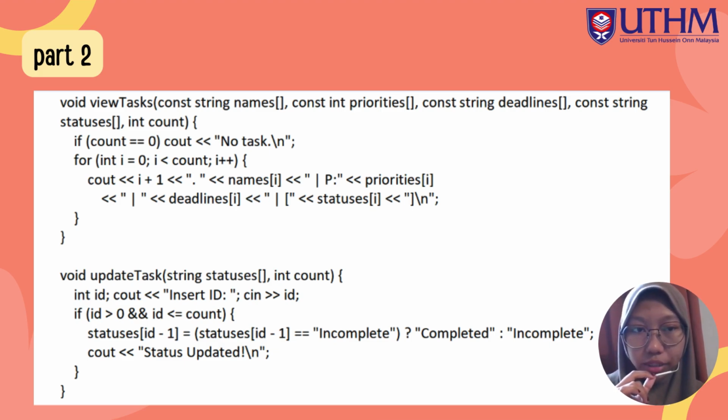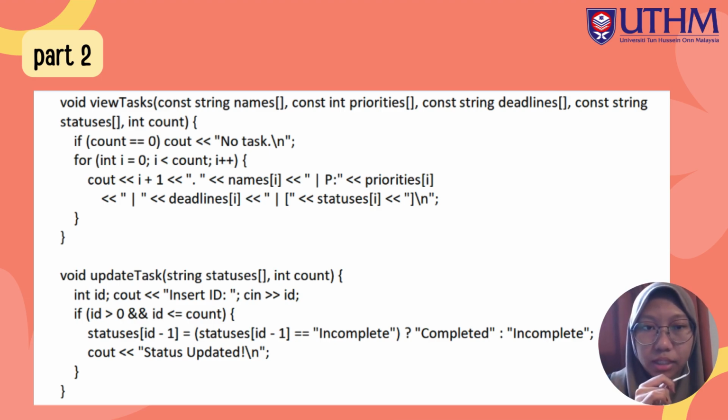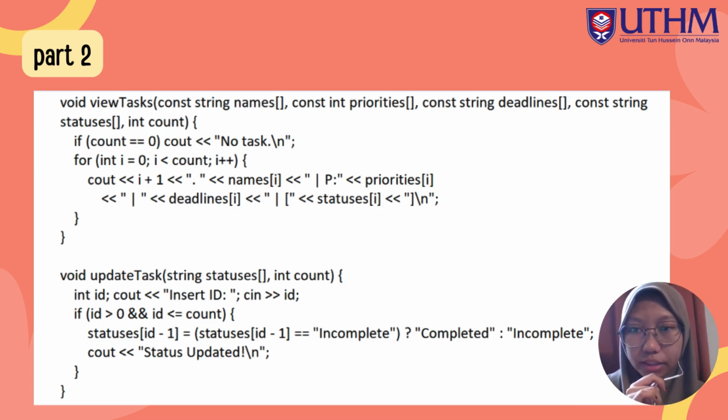Display the task number and task name. i plus 1 is used because users prefer numbering from 1 instead of 0. Next is to display the task priorities and the deadlines, and also the task status inside the bracket. Then we put the bracket to end the for loop and also end the function.